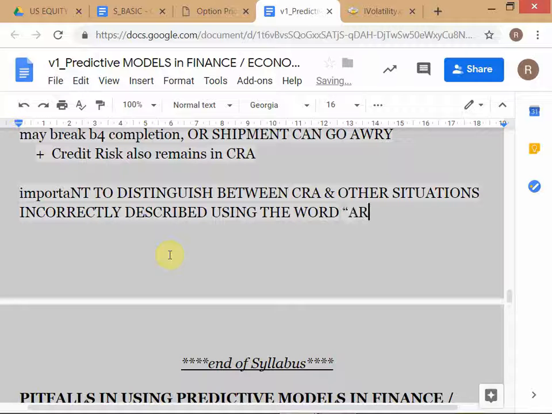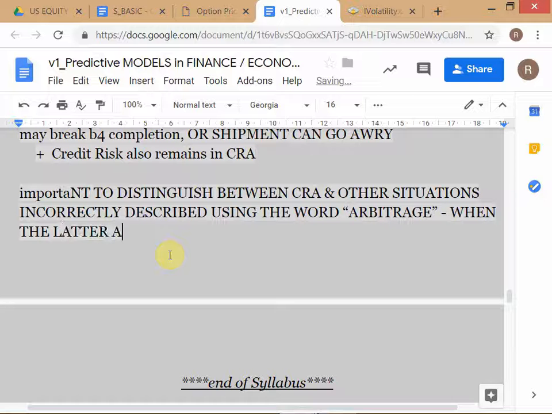This is very common in the industry, so you have to be aware of this problem. Incorrectly described using the word arbitrage when the latter are not CRA. Are you able to follow what I'm writing here?